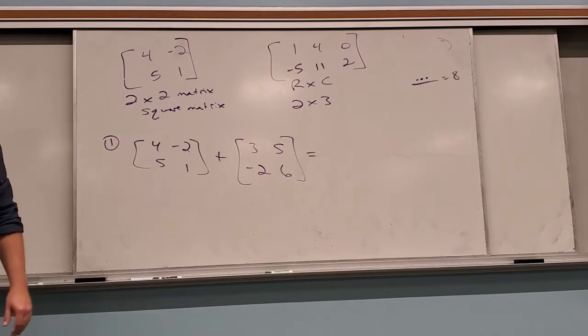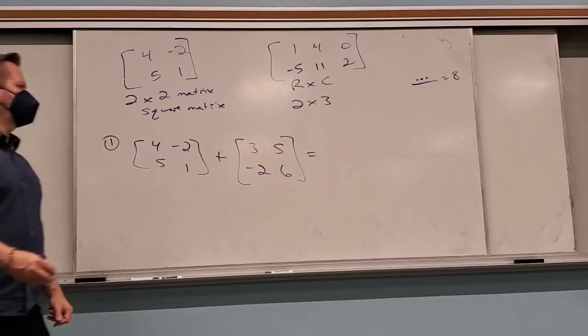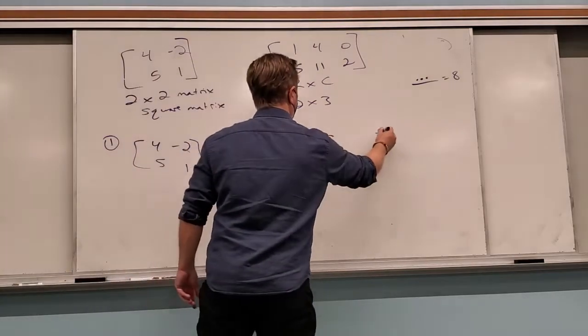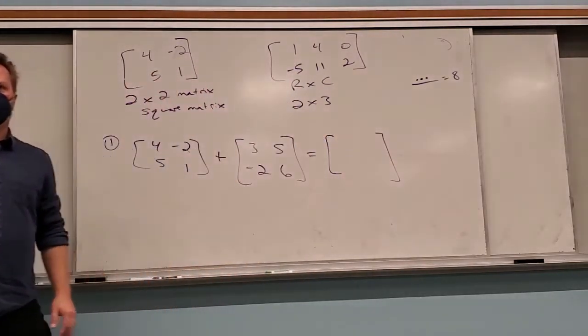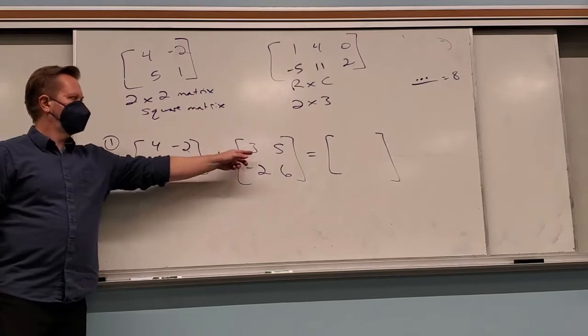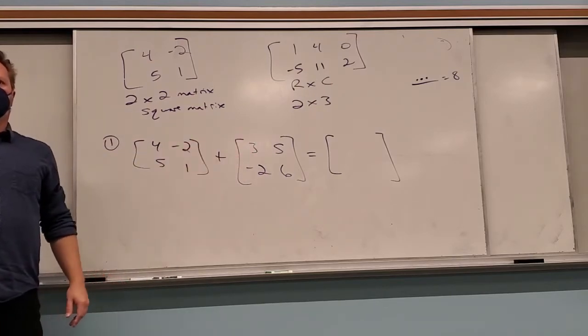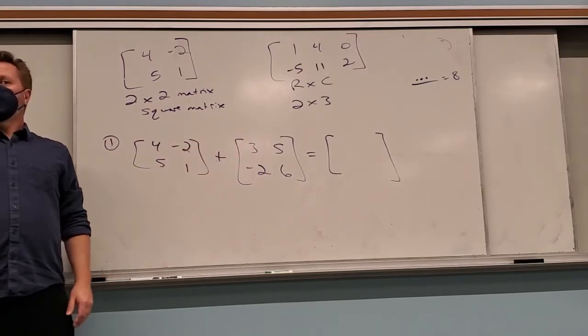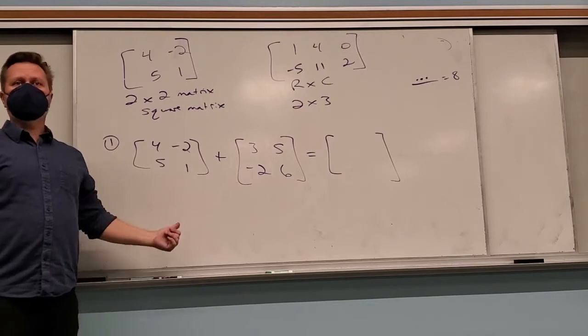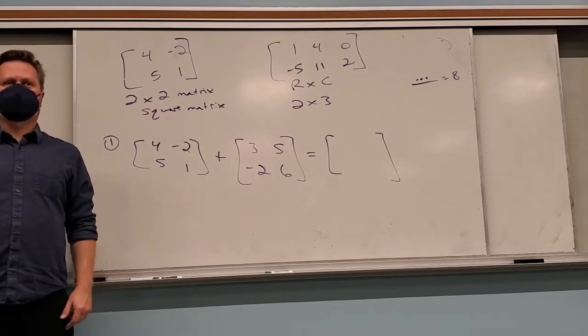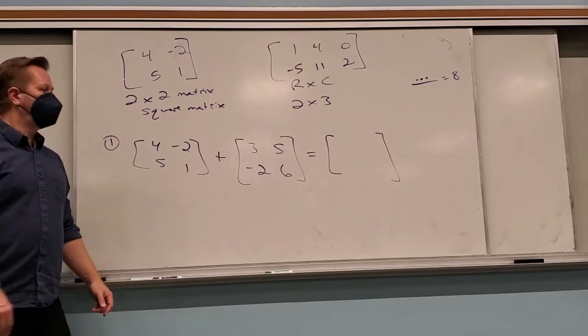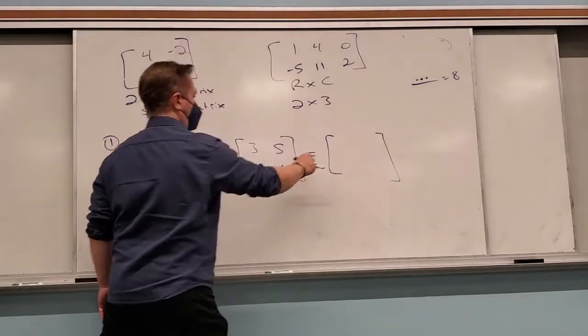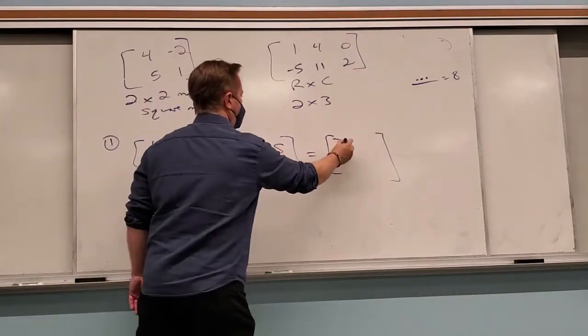Come on, you guys can do it. What do you hope is going to go in there? What do you hope goes right there? 7, and it does. That's exactly how these work.